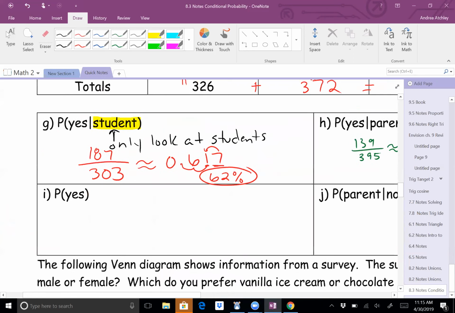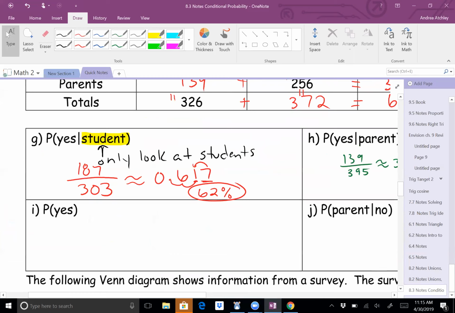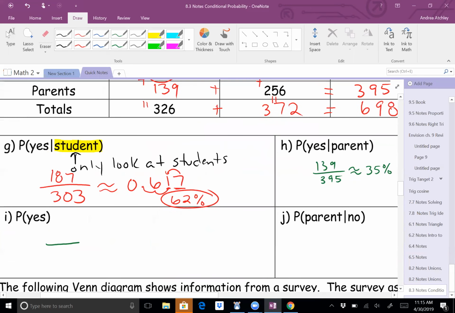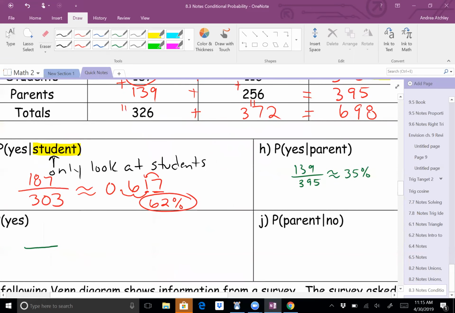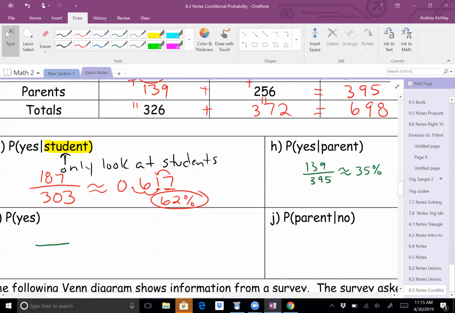Okay, the next one is just going back to basic probability. Adam, what did you get for this one? You didn't get it? Okay. Nate, did you get it? What did you get as your fraction? 6 over 698. And then did you get the percent?